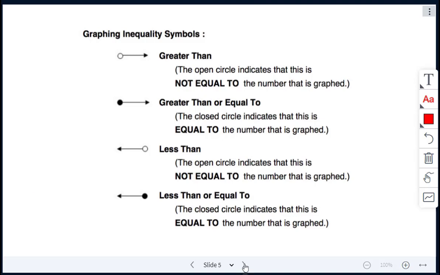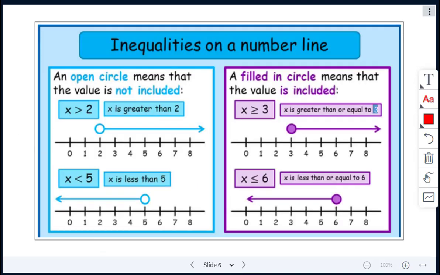All right, so next we have inequalities shown on a number line. So this first one, we have x is greater than 2. And that means that the 2 is not included as part of the solution.